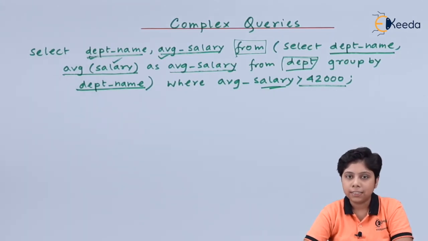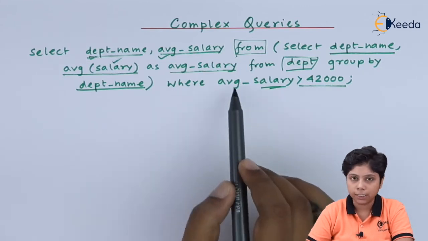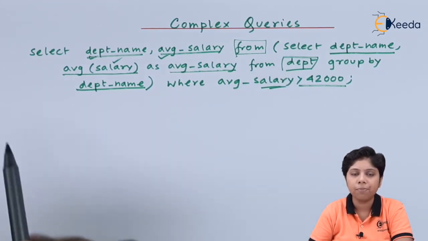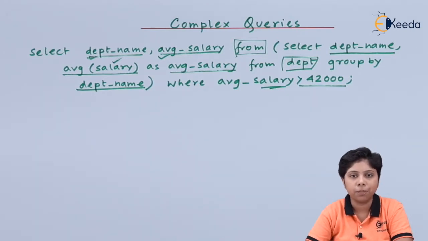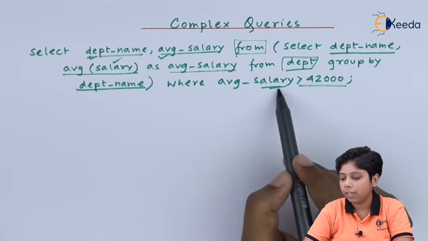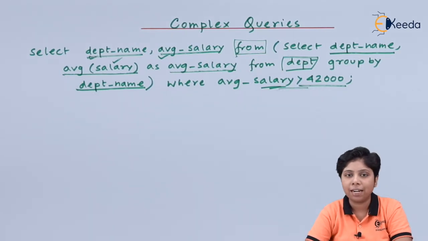Say if this was not done in the from clause, then we would have to group by the department name in a relation department, which may consist of 5 or 6 attributes. All the department salaries would have their average calculated first, and then we need to perform this greater than comparison on average salary, greater than 42,000.